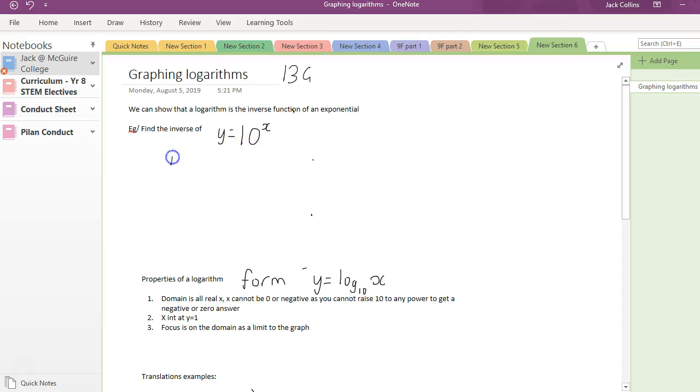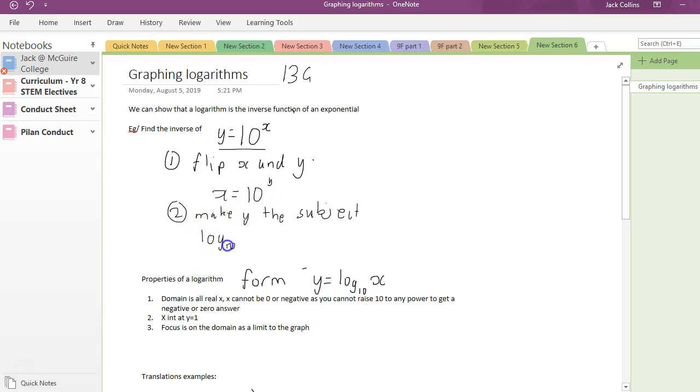So step one of finding an inverse is flip x and y. So then x would be equal to 10 to the power of y. Step 2 is make y the subject. So to make y the subject, we'd need to take, just like we solved, log to the base 10 of both sides.